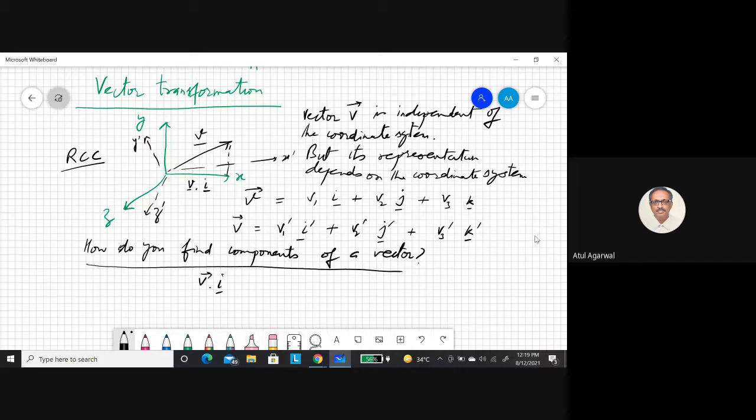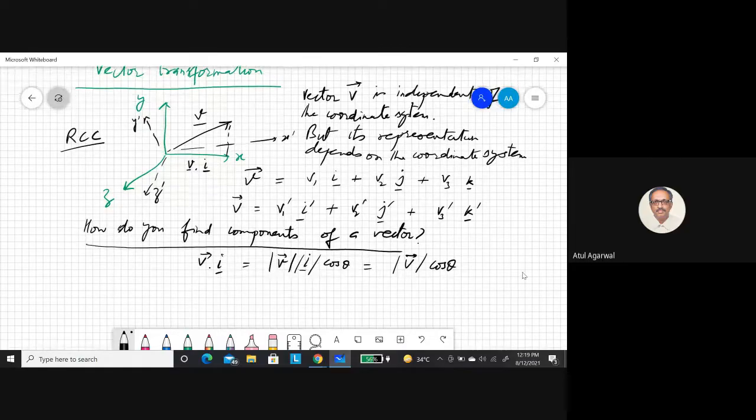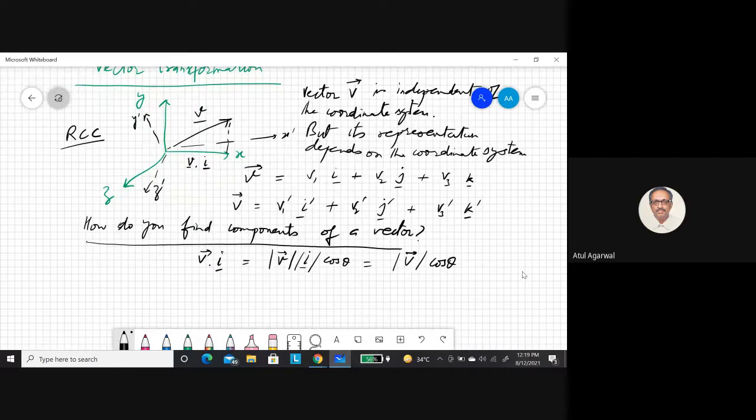V dot i is the magnitude of vector v, magnitude of vector i, and the cosine of the angle theta between these two vectors. So this is nothing but the magnitude of vector v times cos theta, since the magnitude of i is 1, it's a unit vector. So this will be called the v1 component. Similarly, you can get component v2 as vector v dot j, and component v3 as vector v dot k.